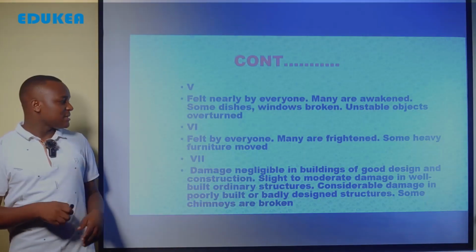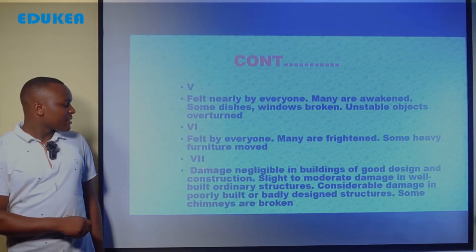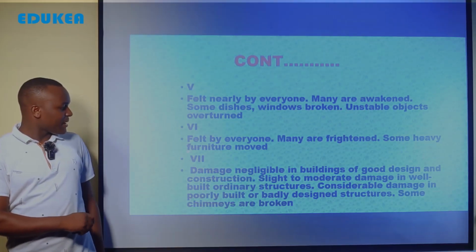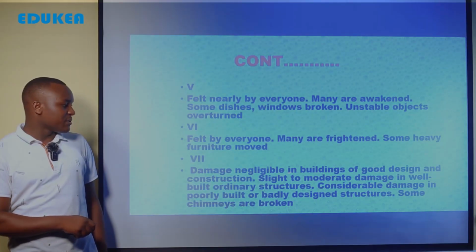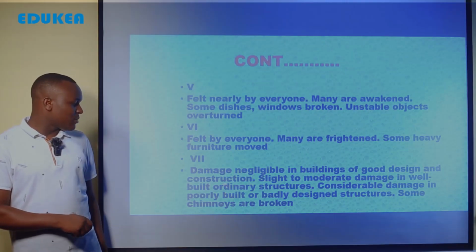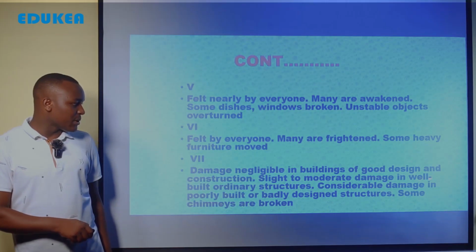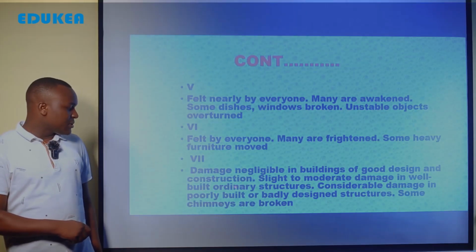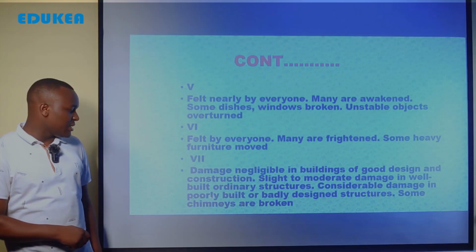For intensity number 7, damage is negligible in buildings of good design and construction, slight to moderate in well-built ordinary structures, and considerable in poorly built or badly designed structures.